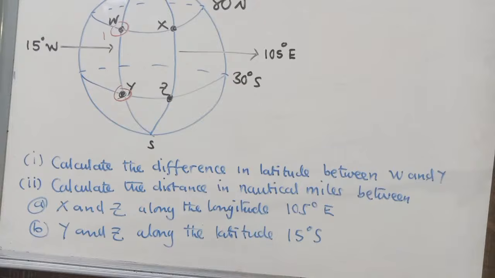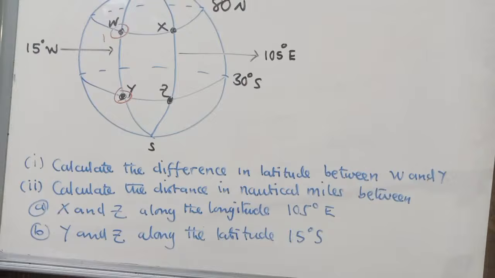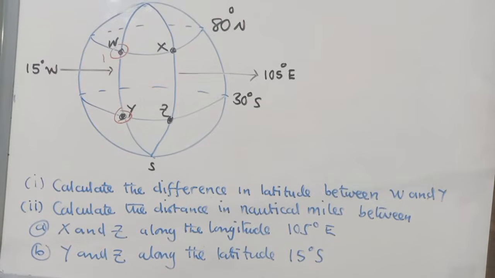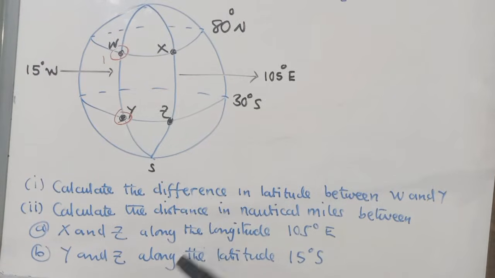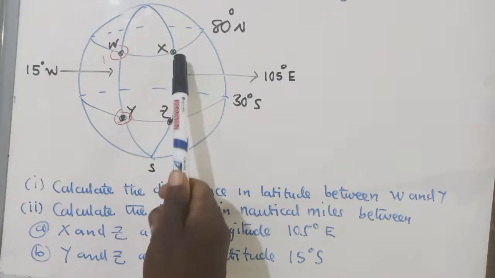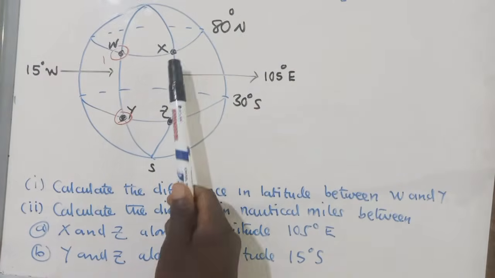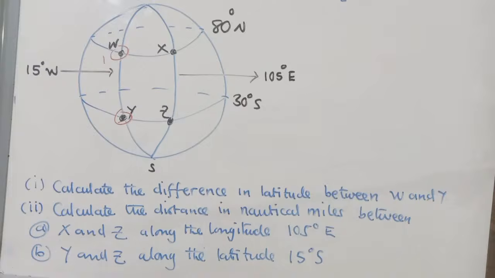So for the next question here, they are saying calculate the distance in nautical miles between X and Z along the longitude 105 degrees east. X is over here and Z is somewhere here.